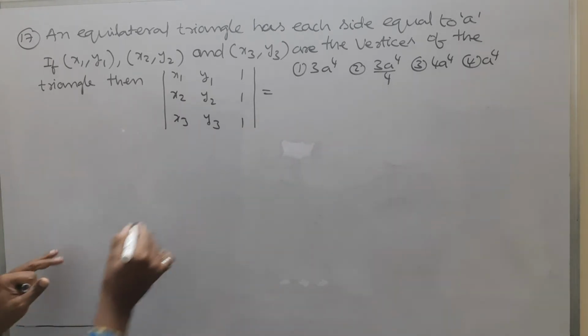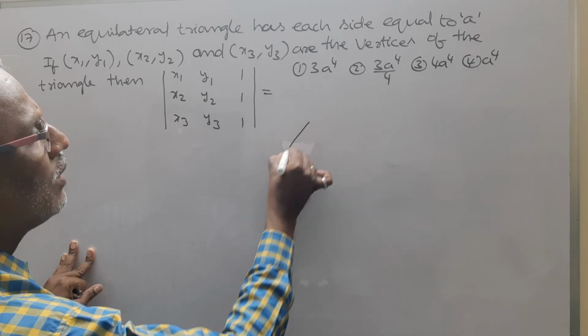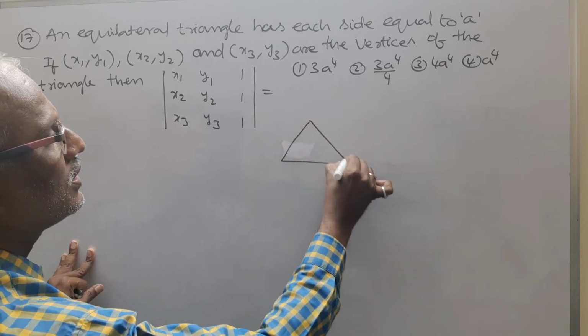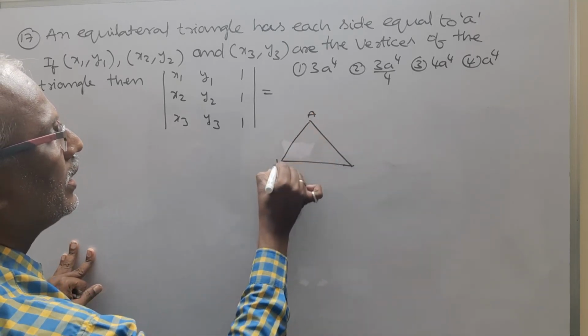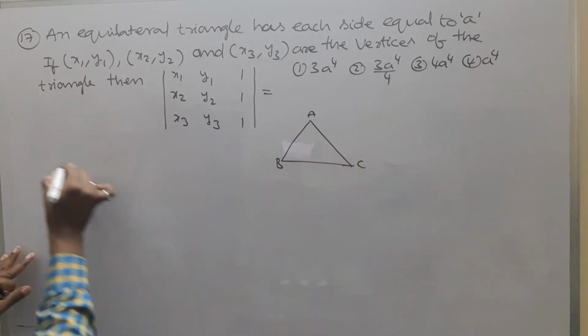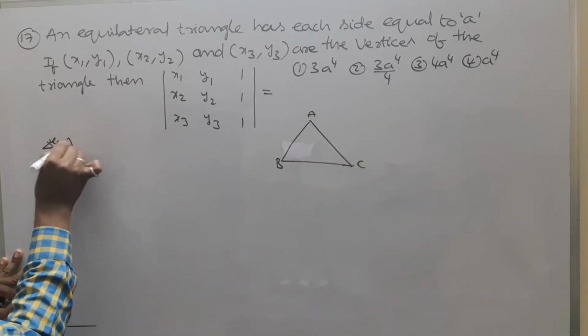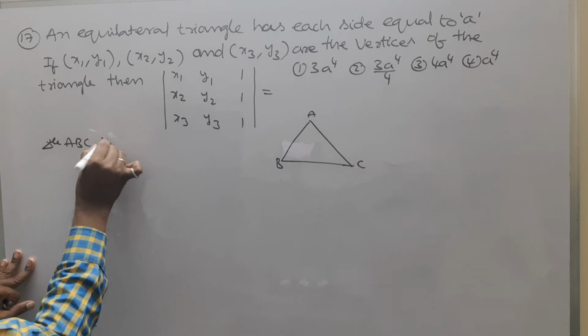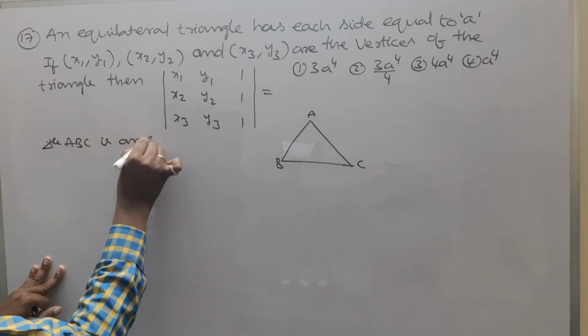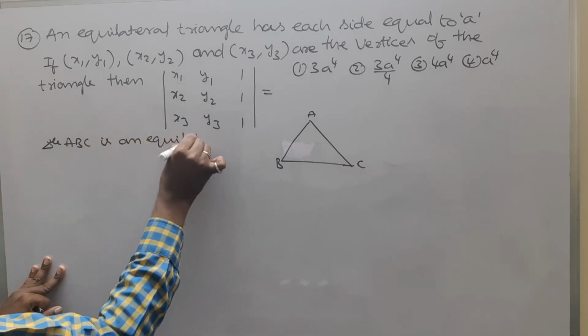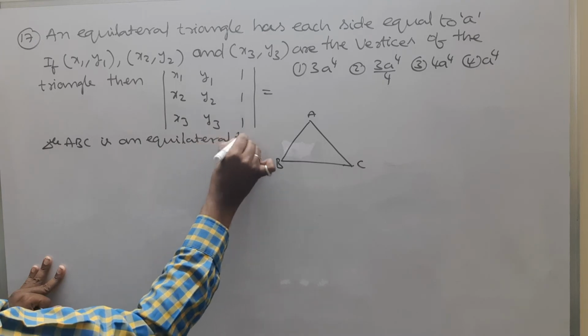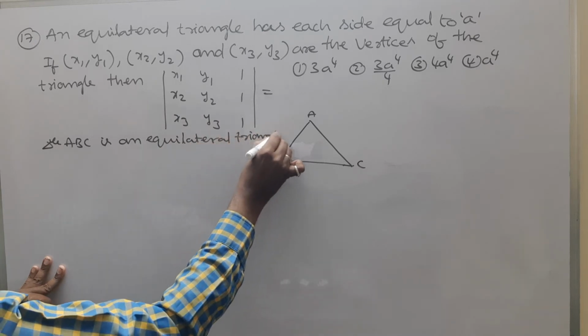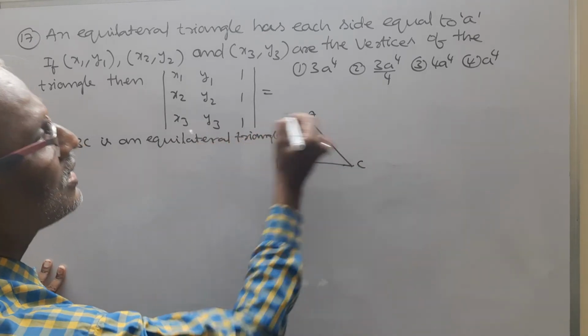In this question, triangle ABC is an equilateral triangle. In an equilateral triangle, the three sides are equal.